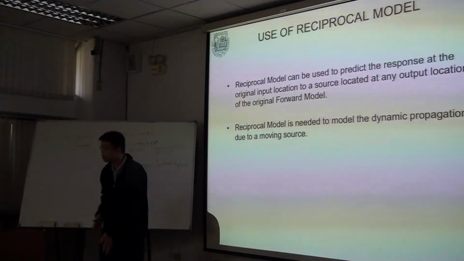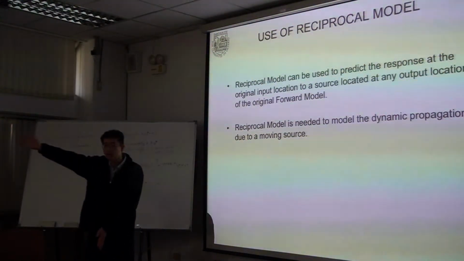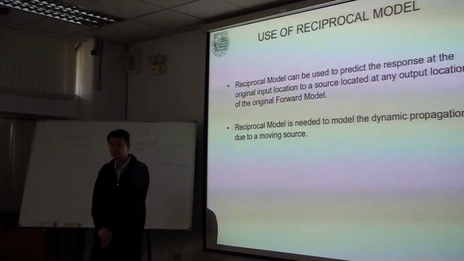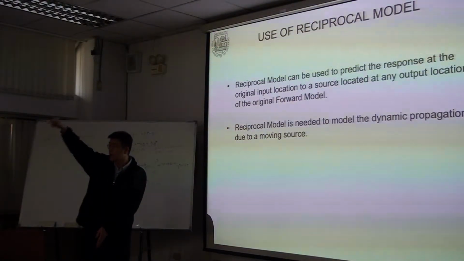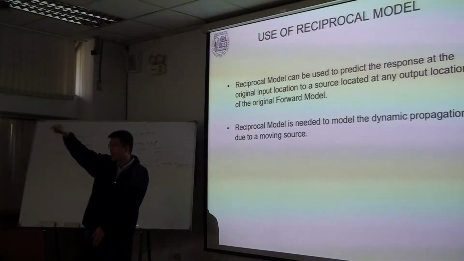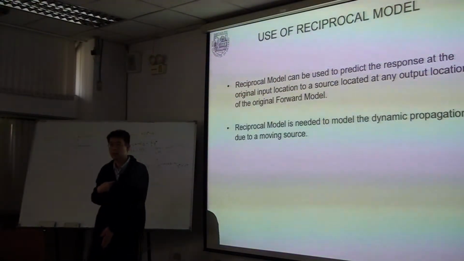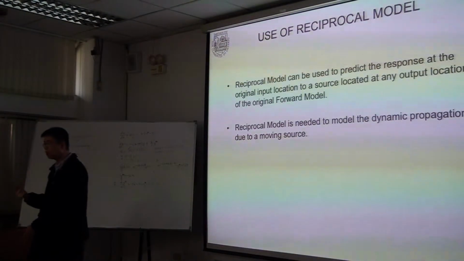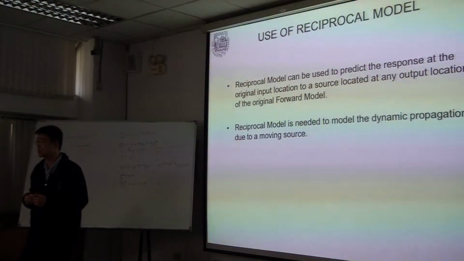Then we use a reciprocal model to do it, because the reciprocal model is a million input, one output model. So if the truck is moving, basically it is going from one location to another. So we need a multi-input single output model, and that is a reciprocal model. So we can use this model to model moving sources, the dynamics of moving sources.